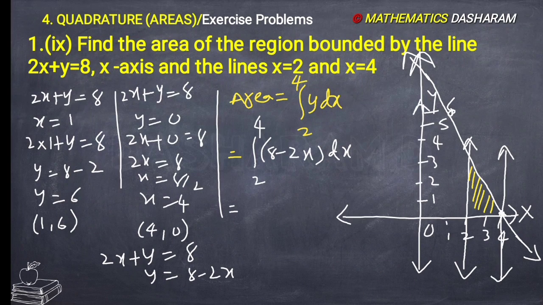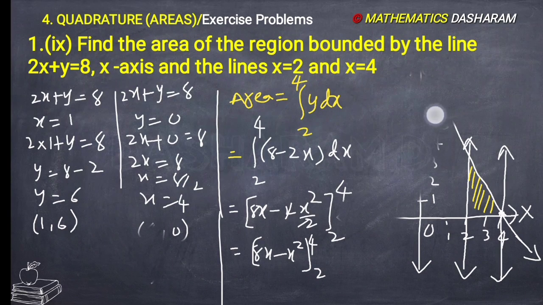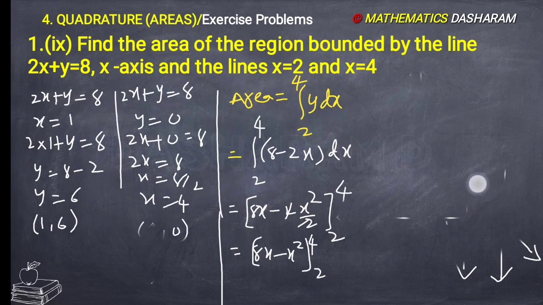So integration of 8 is 8x, integration of 2x is 2 into x square by 2, 2 to 4. So then it is equals to, 2 to cancel, 8x minus x square, 2 to 4. Now substitute the limits, first upper limit, next lower limit.